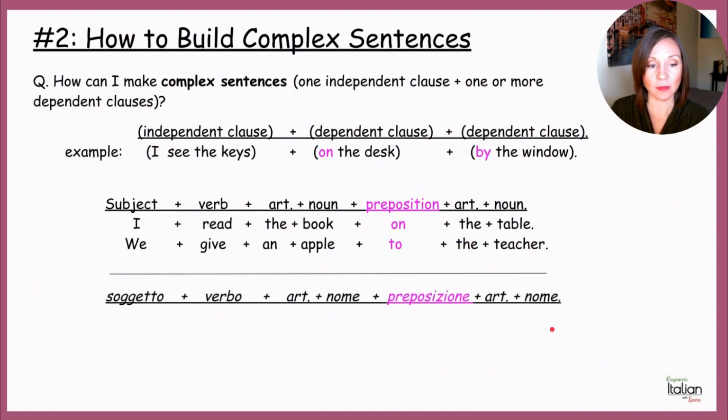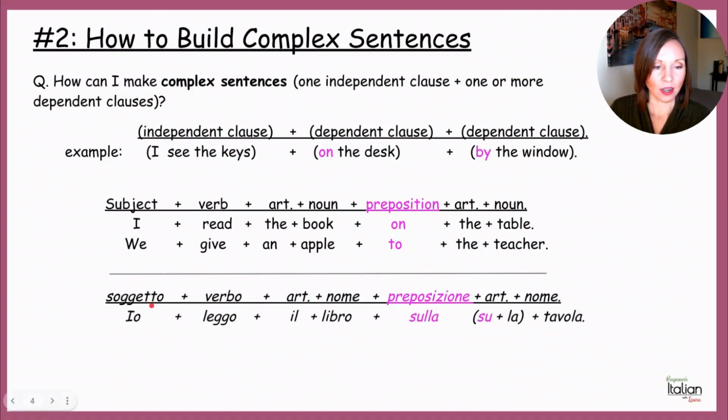And then the exact same thing in Italian. We have our soggetto and our verbo: io leggo, I read. And then we have our articolo and nome, il libro. So this could be a complete sentence here: io leggo il libro, I read the book. But we're adding this dependent clause here, sulla tavola, su plus la tavola.